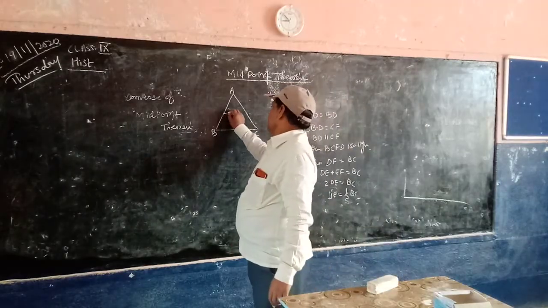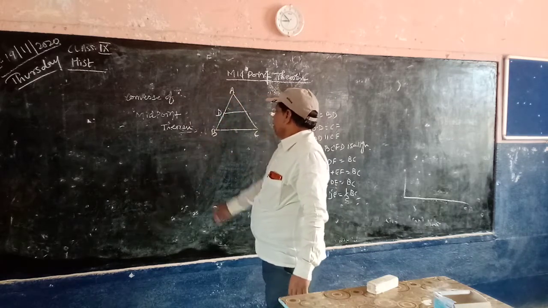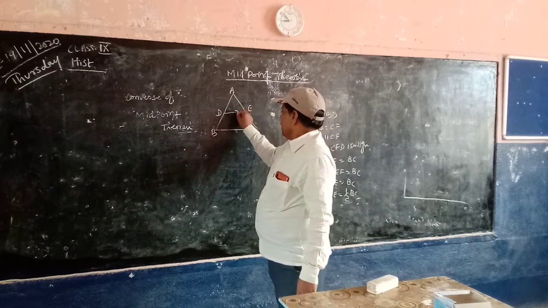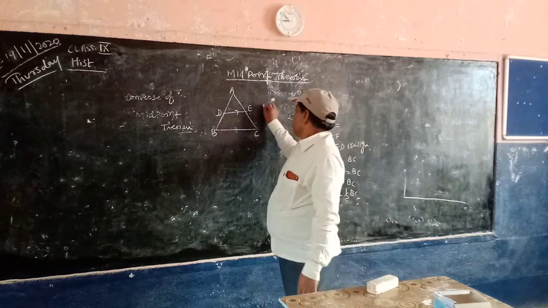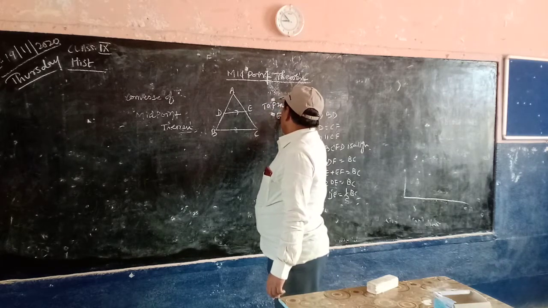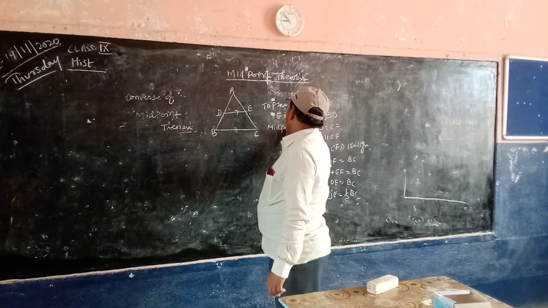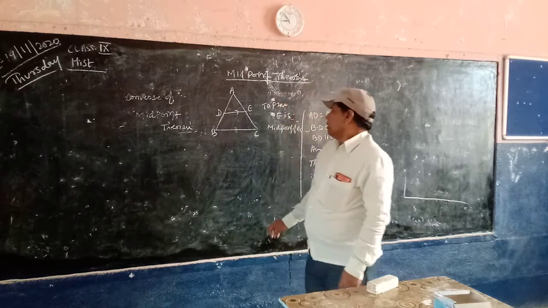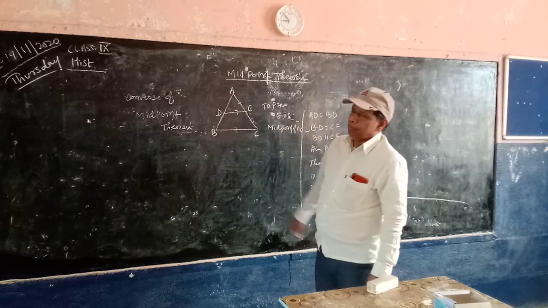D is the midpoint of AB and DE parallel to BC, to prove E is the midpoint of AC. So here AE equal to EC, proof.